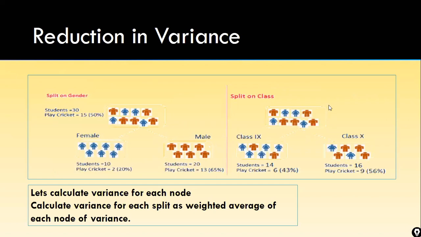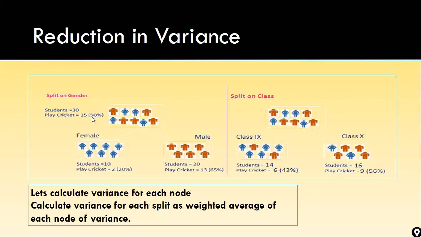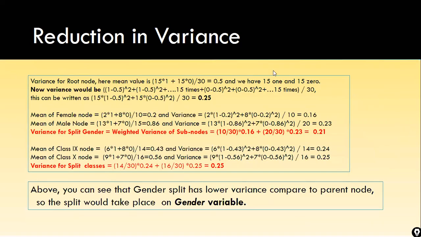Let's take the same example. Calculate variance for each split as the weighted average of the variance of each node. Very simple here. Variance for the root node: the mean value is 15.1. Here 30 students are there, 15 students play cricket, and the remaining 15 students don't play cricket.